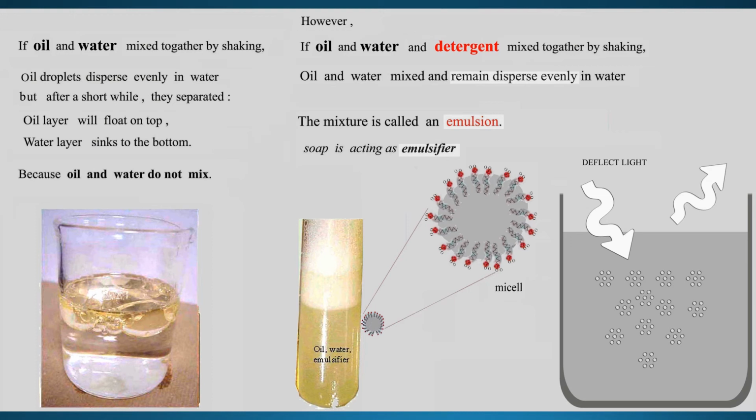These tiny droplets deflect light, which makes the emulsion look milky, instead of oil and water in the corner of the picture, which is clear.